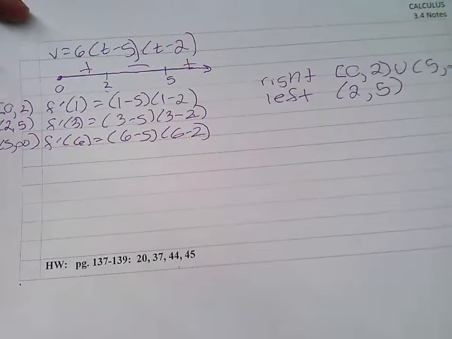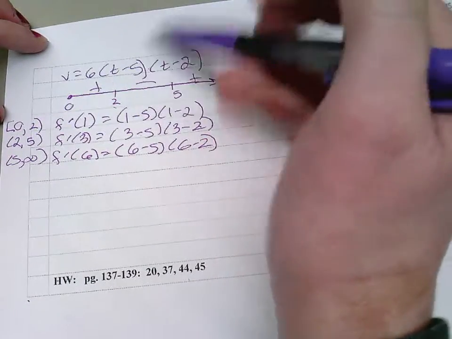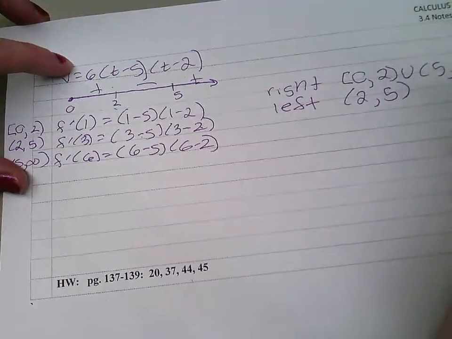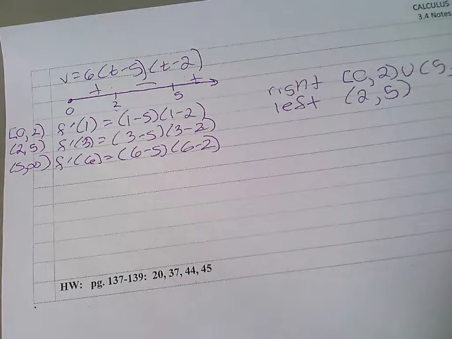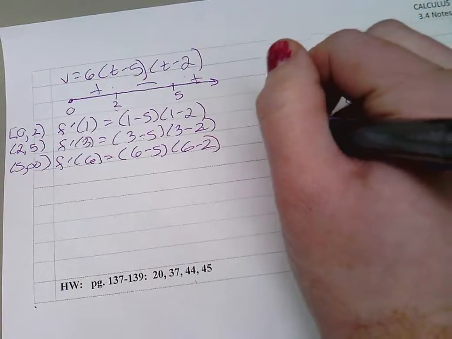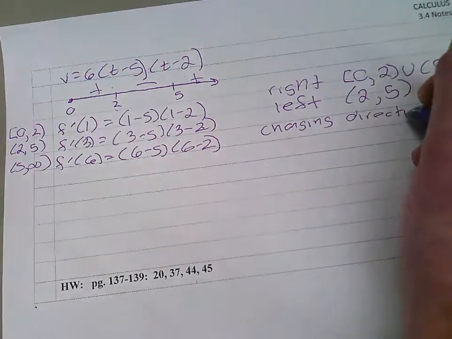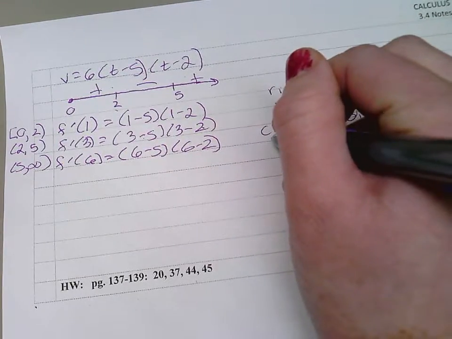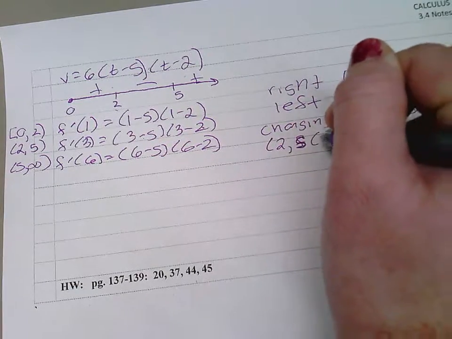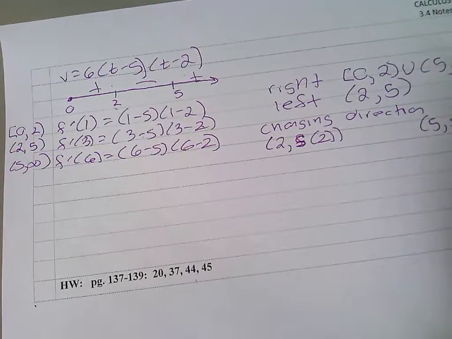Okay, now we're going to see when the particle is changing directions. It's going to be changing directions at 2 and 5. So let's see at what position that takes place. Changing directions is going to be at s of 2 and s of 5.